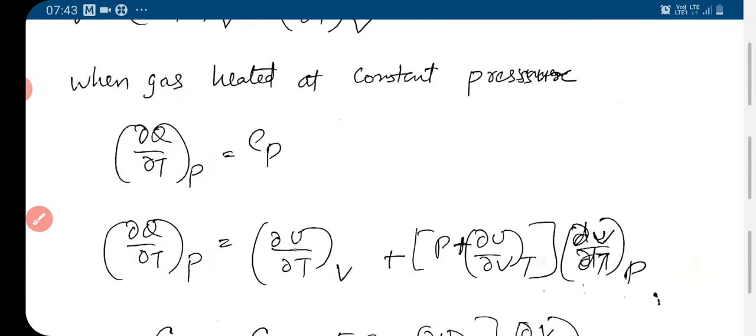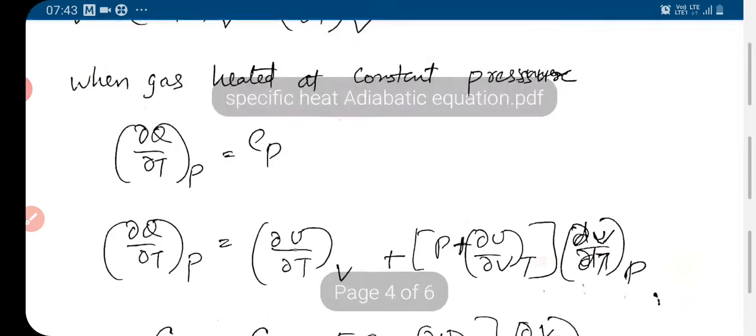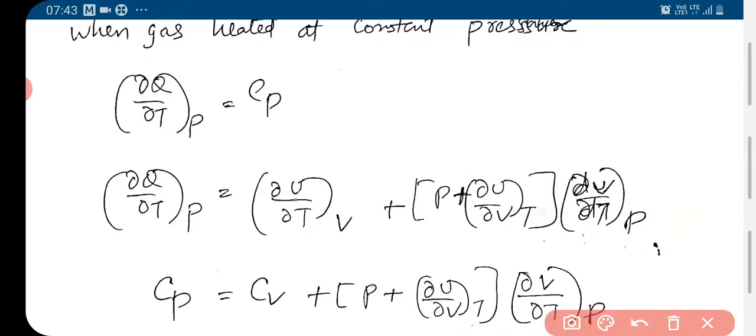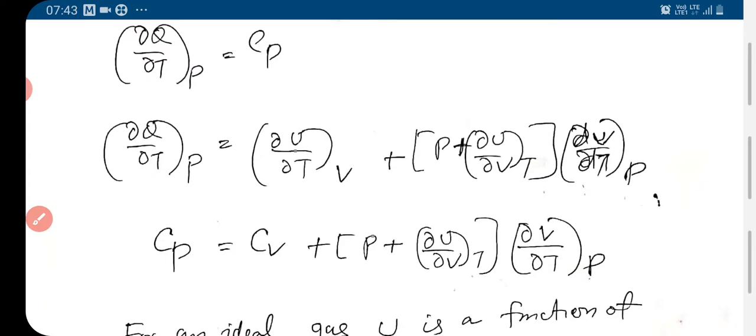Now when the gas is heated at constant pressure, we have ∂Q/∂T at constant pressure, that is Cp. So ∂Q/∂T at constant pressure is given by ∂U/∂T at constant volume, plus P plus ∂U/∂V at constant temperature, times ∂V/∂T at constant pressure.